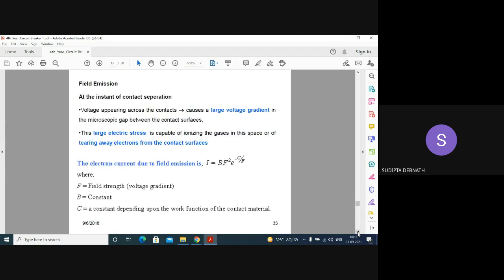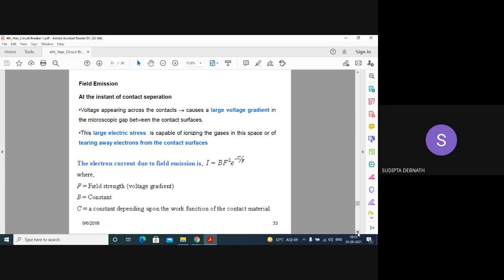Now, field emission. There is another type of emission called field emission. What is field emission? At the instant of contact separation, the voltage appearing across the contacts causes a large voltage gradient in the microscopic gap between the contacts.